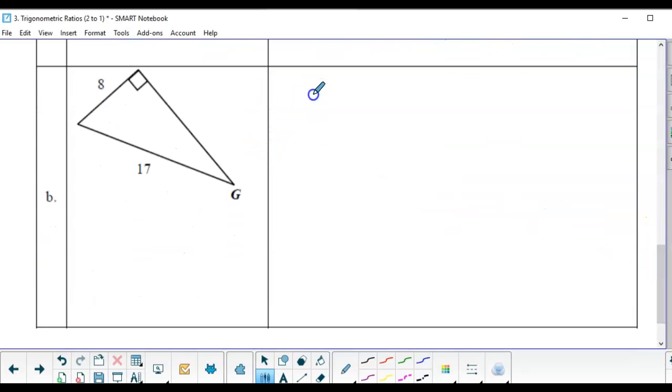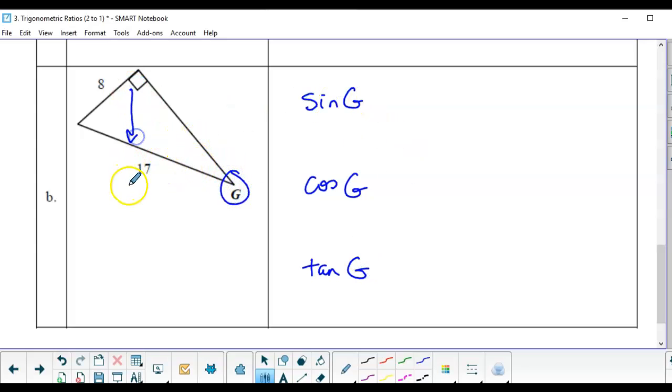Next one, so sine of G, cos of G, tan of G. Here, opposite the 90 degree is our hypotenuse. This will be the opposite, and this will be the adjacent. Now we don't know what that is, so we're going to have to get the adjacent. I'm going to call it x.